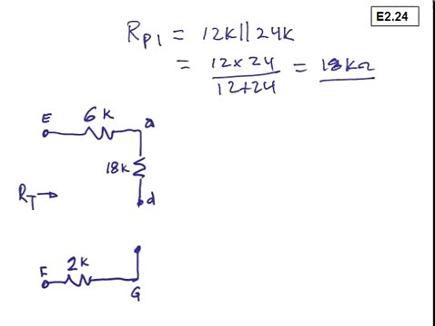So we can put that value of RP1 in the circuit. RP1 is equal to 18K.